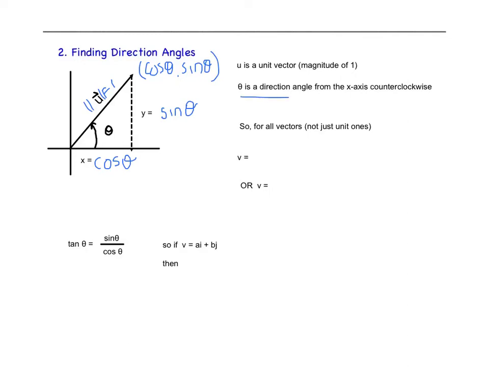Theta is a direction angle from the x-axis counterclockwise, and you see my arrow here for theta. All right? So this holds for all vectors, not just unit ones. For instance, if this is not a unit vector, then it would actually have a magnitude. So the component vector here would be ⟨x, y⟩, or ⟨cosine theta, sine theta⟩.